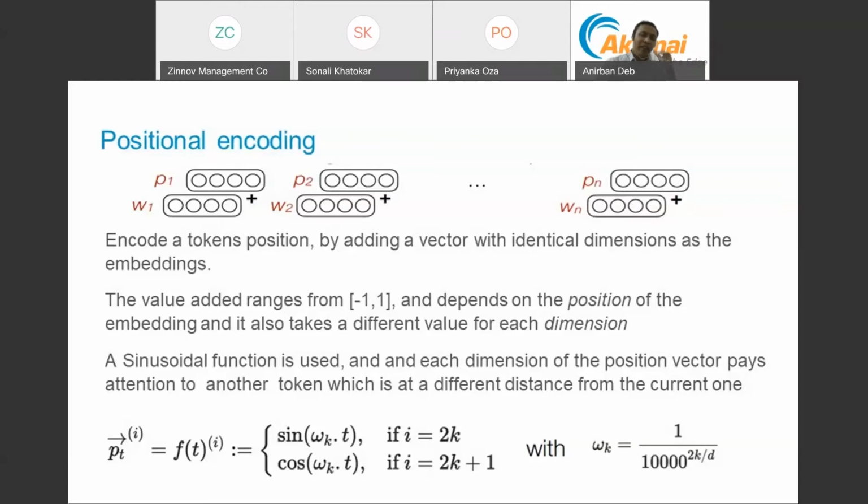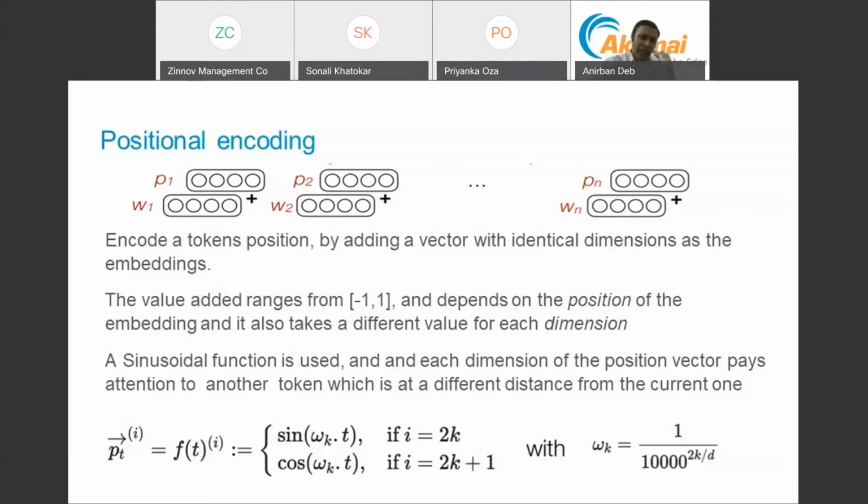If it's odd, it'll be a cos. If it's even, it'll be a sine function. And the wavelength is a varying wavelength so that the words pay attention to some word far away from itself. The wavelength varies from 2 pi to 10,000 times 2 pi. What I saw is you could implement the higher dimensions to be slowing down and having a very wide, slow wave, and closer dimensions to be watching nearby words.